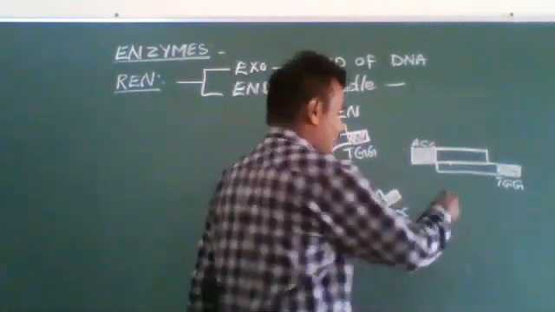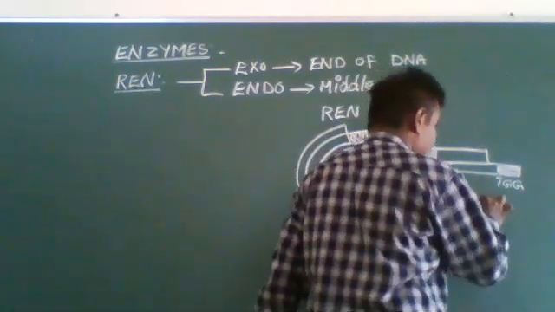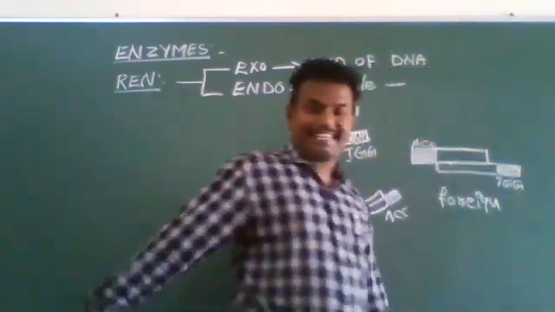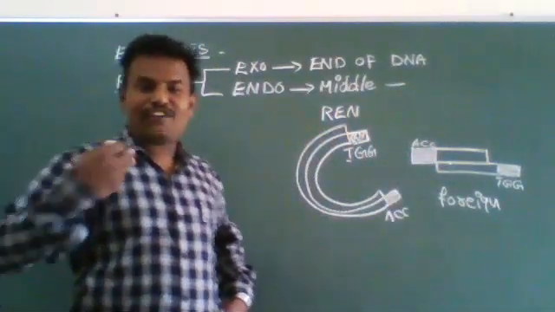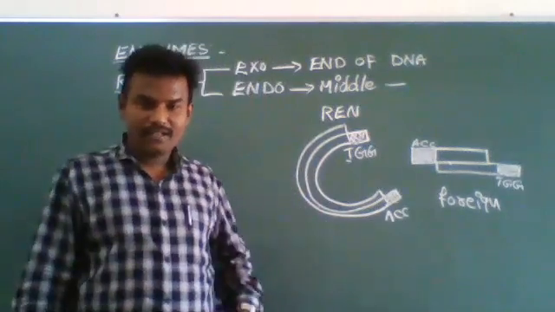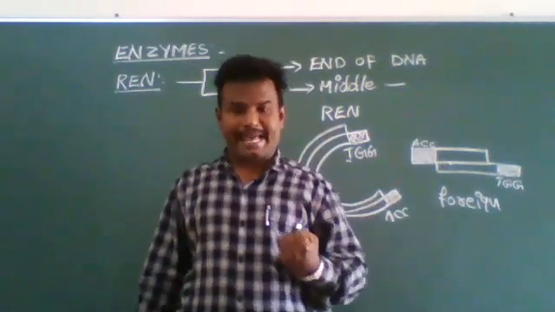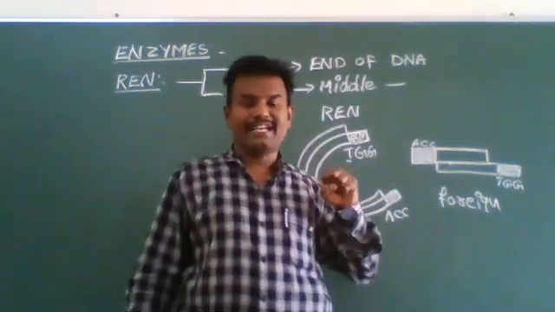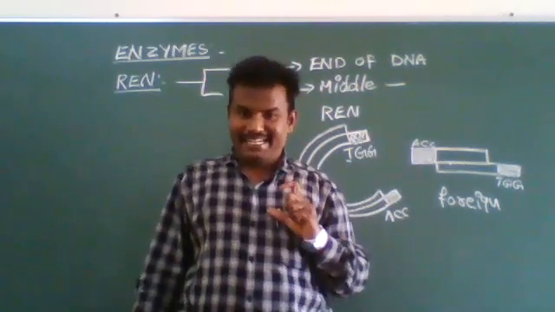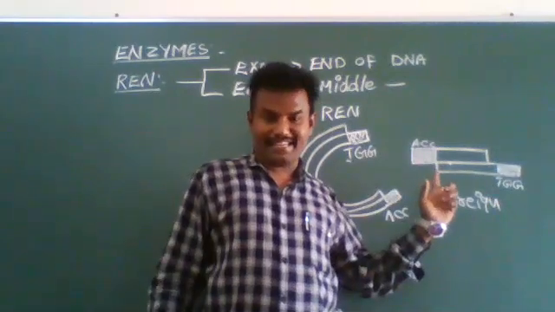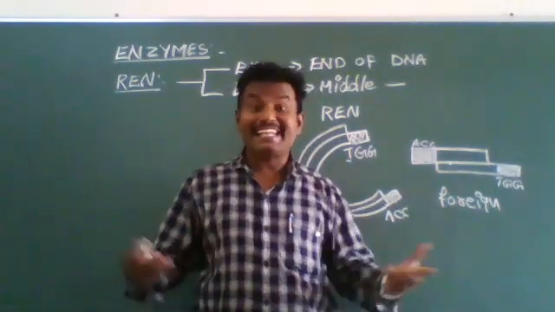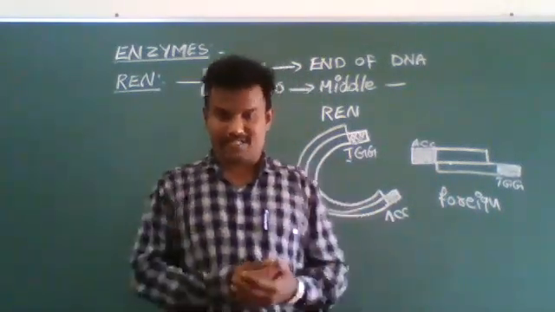This is called foreign DNA, alien DNA, or gene of our interest. From the plant or animal which has superior characters, we take the DNA, that is the foreign DNA or desired DNA or gene of our interest.